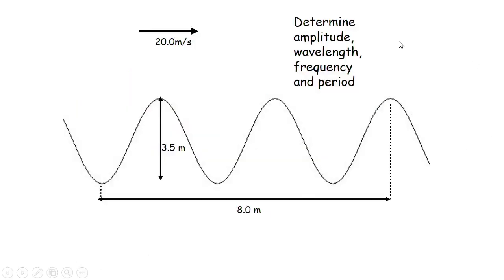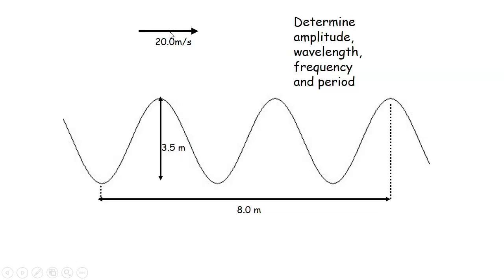Okay, here let's do this together as an example. We can work it out together. It says, you are given the graph of a wave, and it says determine the amplitude, the wavelength, the frequency, and the period. So what is the amplitude? Here we can see from the diagram, the amplitude is 3.5 meters.